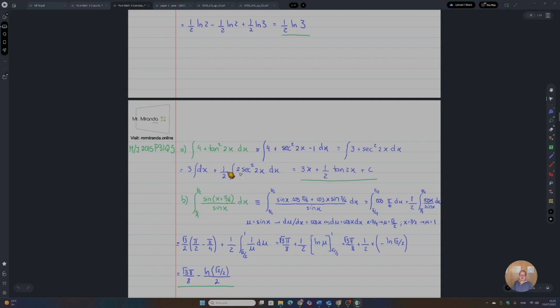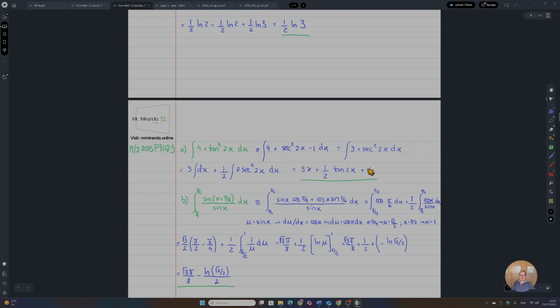Okay? Here I bother to do this part, 1/2 times 2, so that here I have the result of this part differentiated, and I kind of use the substitution here to solve this integral, but you should know that the integral of sec square of ax equals tan of ax over a. Okay? And here you have it.